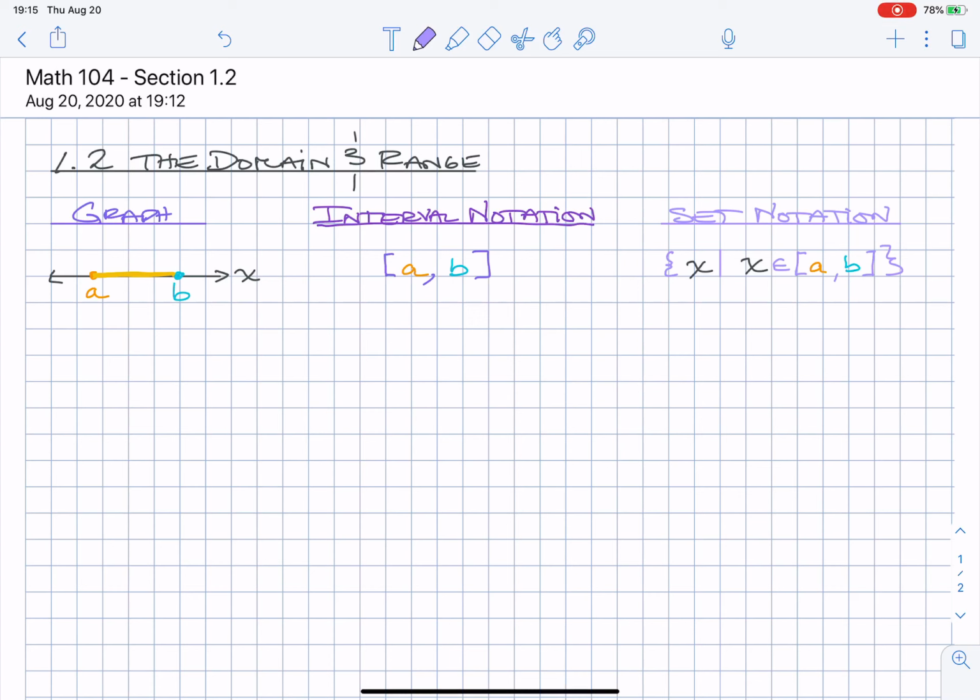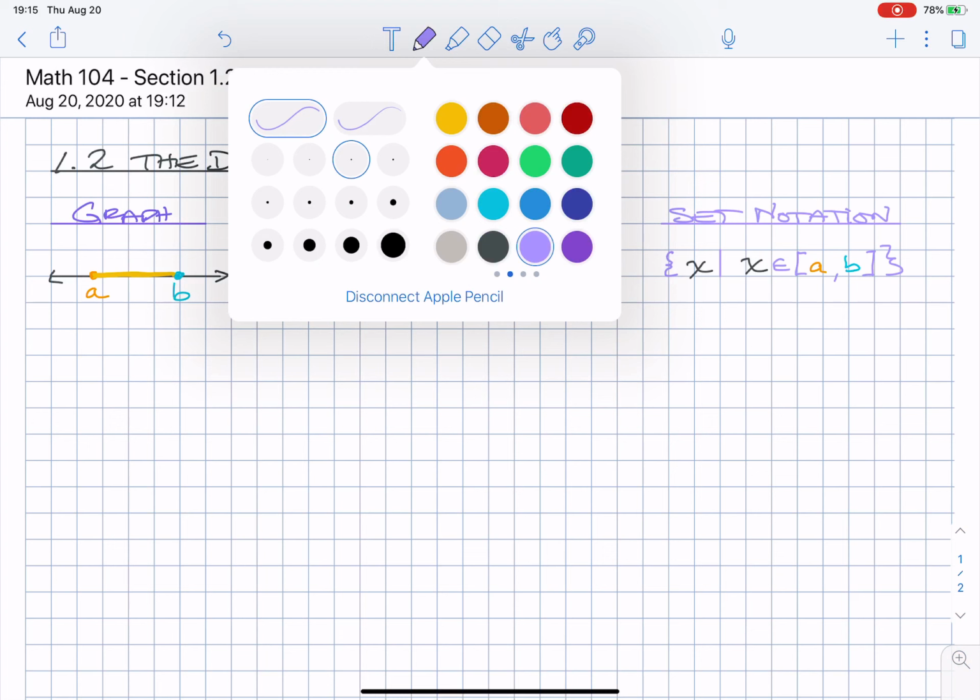So that's all we're doing to go from interval notation to set notation.